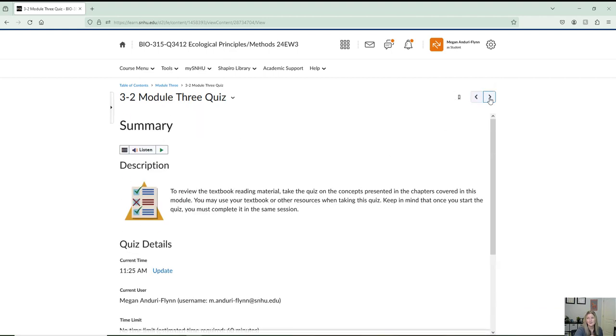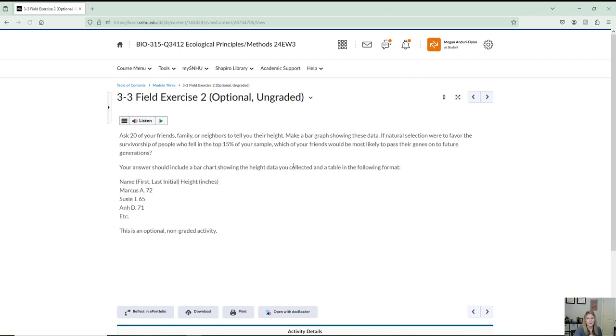And then finally we have our optional assignments. This is just another field exercise, just like we had in the first week. If you're interested in doing this, it gives you an opportunity to start collecting data, represent it in a table, and then take that data and form a bar graph out of it.